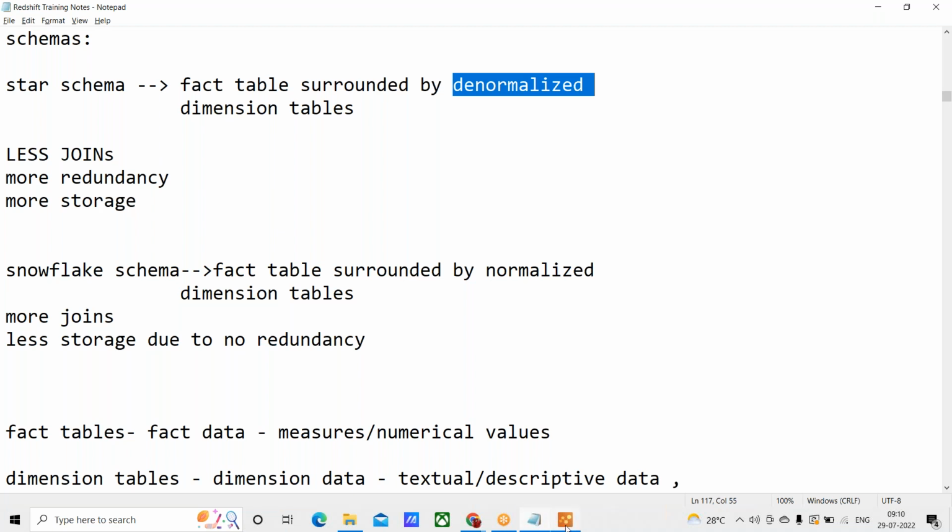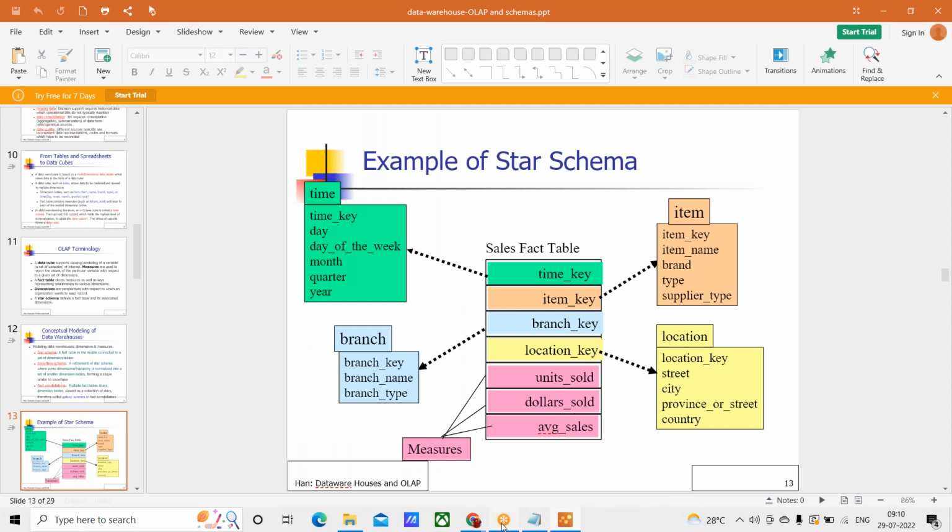So what do you mean by denormalized? Somnath, what is your qualification? Which degree did you study, computer science or MCA? No, I did electrical and electronics, BTech.